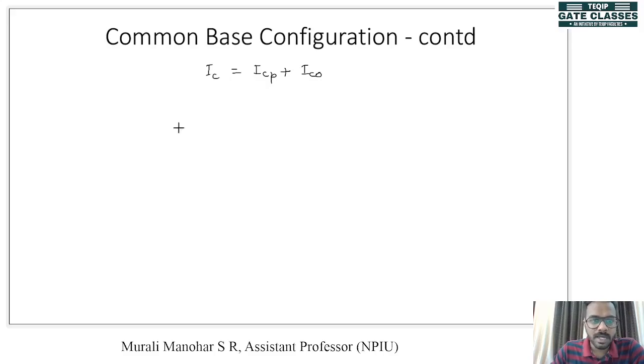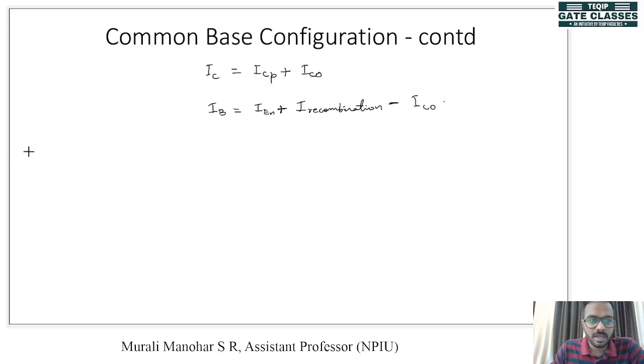Now, if we look at IB, IB will be equal to IEN, which is the electron current in emitter, plus I recombination, that is the recombination current in base, minus the current due to minority charge carriers, that is ICO. This is the total base current.